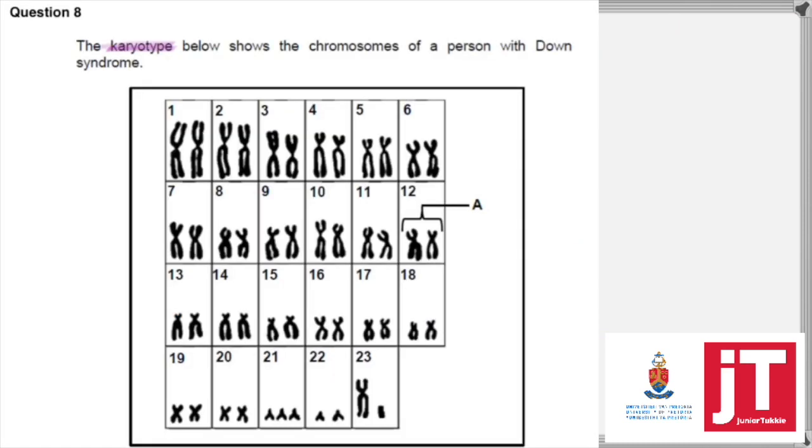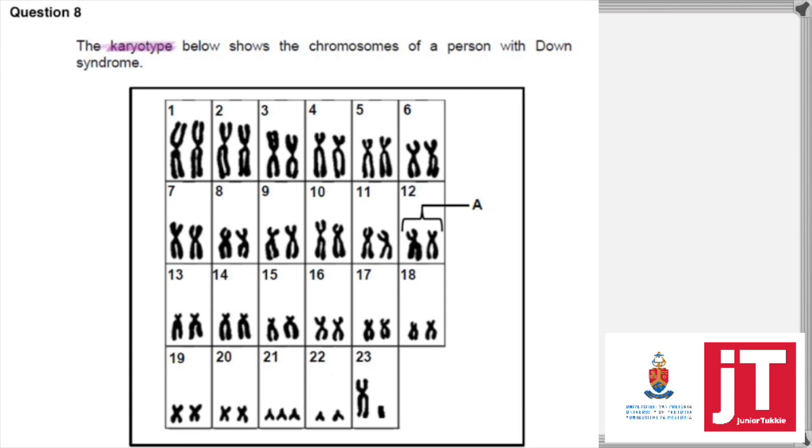All right, so what we have here is a bit of context to our question. This is question 8. It says the karyotype below shows the chromosomes of a person with Down syndrome. So let's have a look quickly. These are the chromosomal pairs as part of the genetic makeup of a person with Down syndrome.